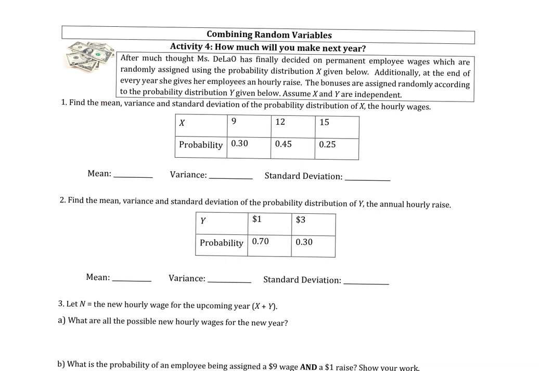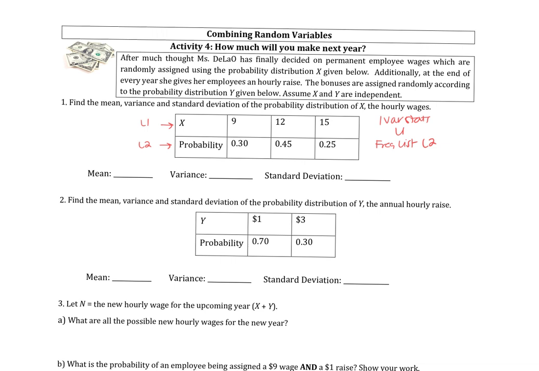Here it says find the mean, variance, and standard deviation of the probability distribution of X, which is the hourly wages. Remember, how you do this is you put X into list 1, the probabilities into list 2. You run the one variable stats on list 1 with the frequency list of list 2.